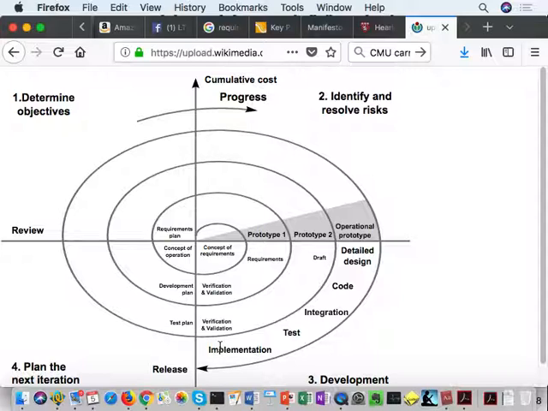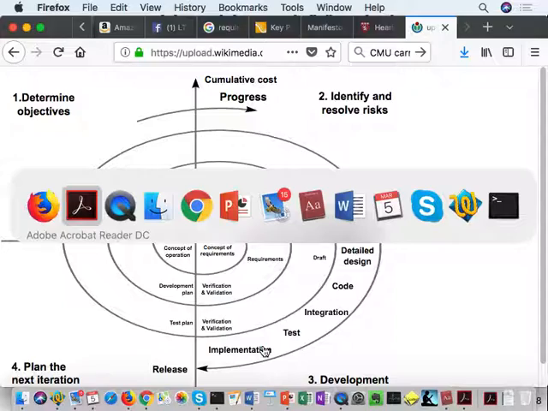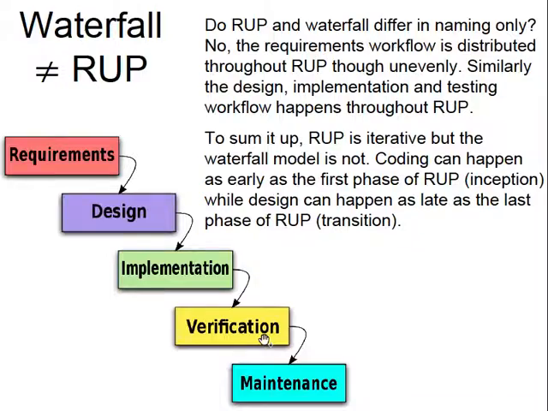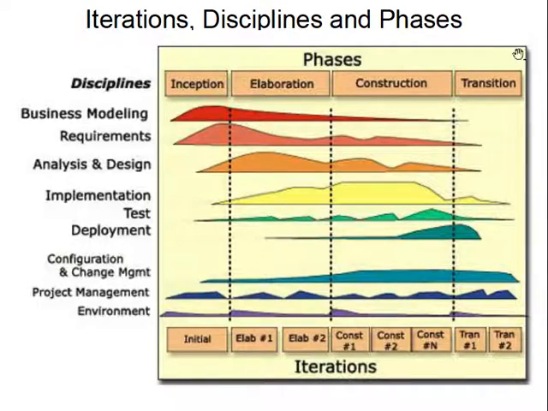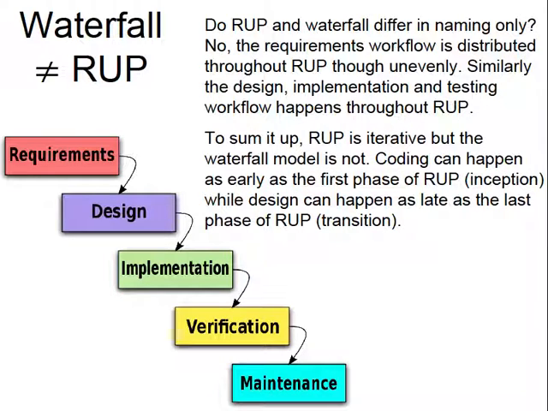I think I probably mentioned that sometimes in software engineering we have a small problem that people use the same word to mean different things. For example, this implementation here actually corresponds to the transition in RUP. But in this other diagram, implementation really means coding.